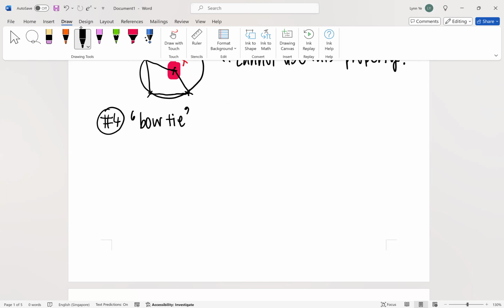Okay, let's see. This one is clearly okay, good. This one also good. No, cannot. I said 2D. If you do like that, then cannot. Not really also. This one not really.